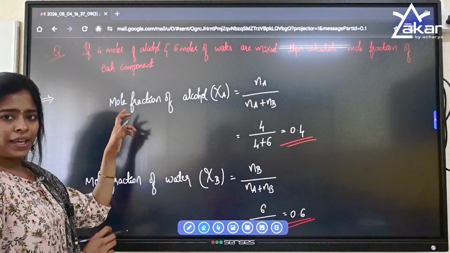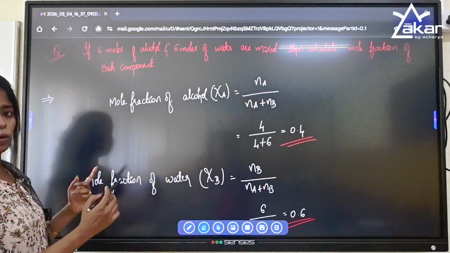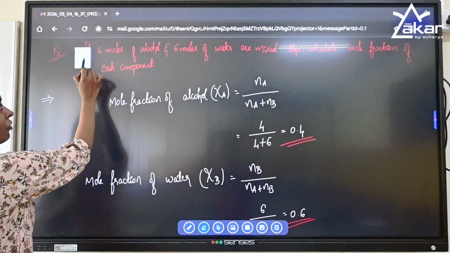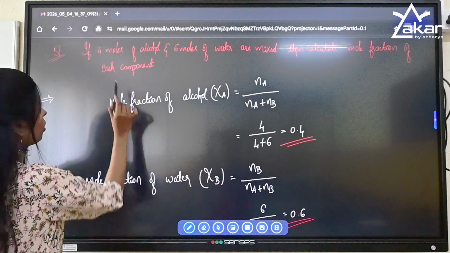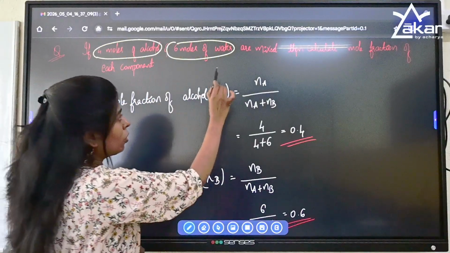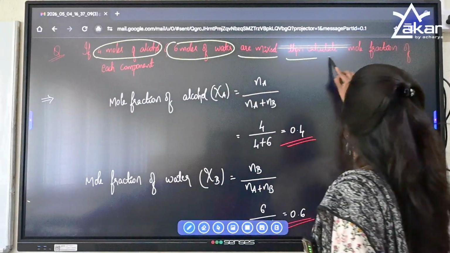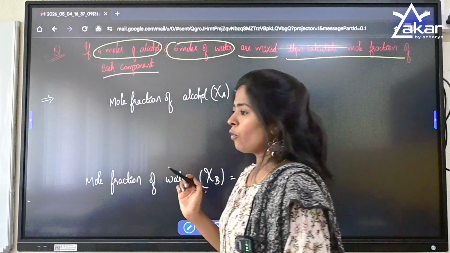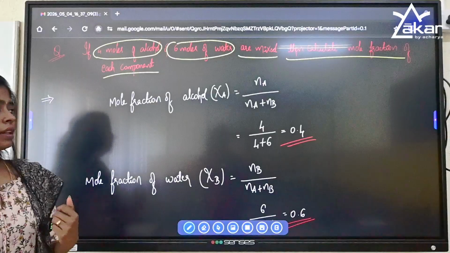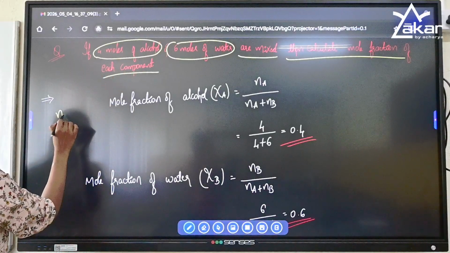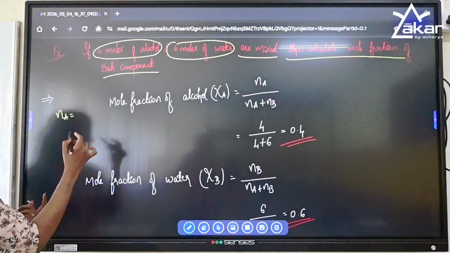Now we are going to take up the problems which are based on mole fraction. Let us consider the problem. If 4 moles of alcohol and 6 moles of water are mixed, then calculate the mole fraction of each component. What is the data that they are giving in the question? 4 moles of alcohol, that is Na, component 1.